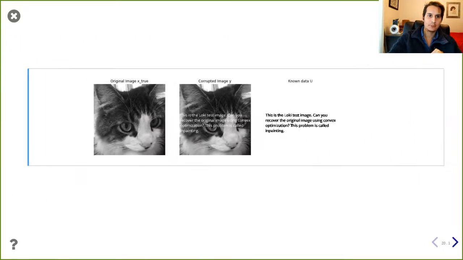And just to put in perspective the problem you're trying to solve now, for example, this is your solution, this cat. This is your data, a corrupted image of the cat, here with some text overlaid. And you have a mask, U, that is basically all the points that you're sure are the data of the true image. And this mask here, where you can see the letters, are the parts that you want to complete with the missing parts.